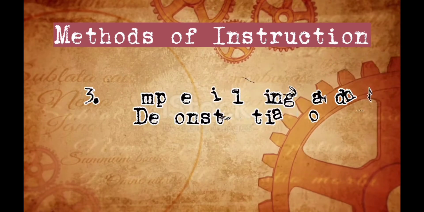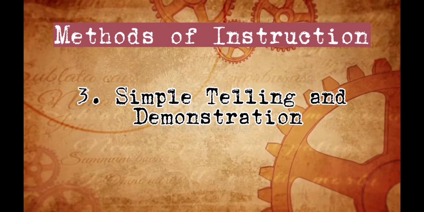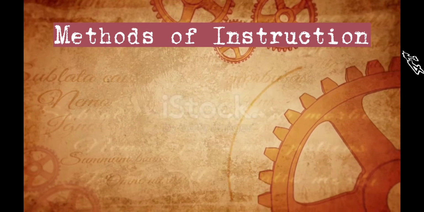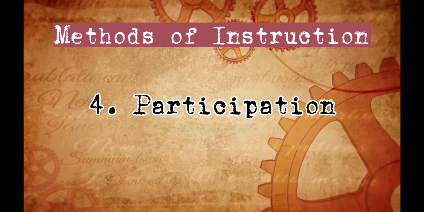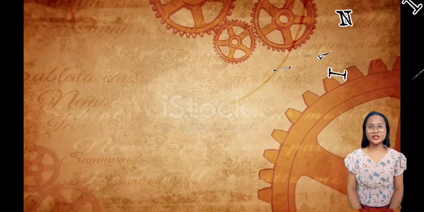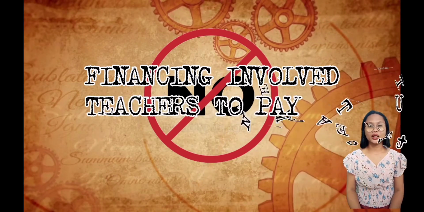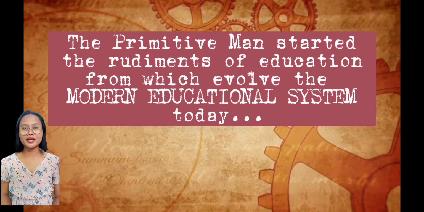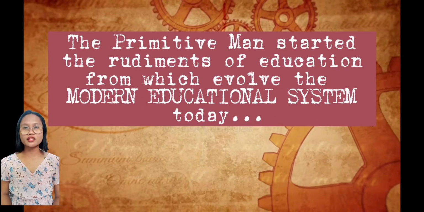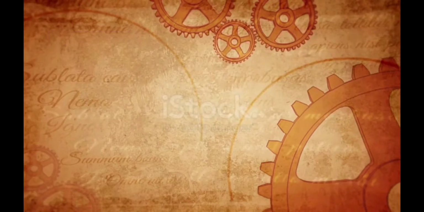Simple telling and demonstration, this is lecture, so it is the demonstration nowadays. Participation, children participated in the work of their parents and they learned. There was no financing involved since there was no teacher to pay, no learning materials to buy. The primitive man started the rudiments of education from which evolved the modern educational systems of today.